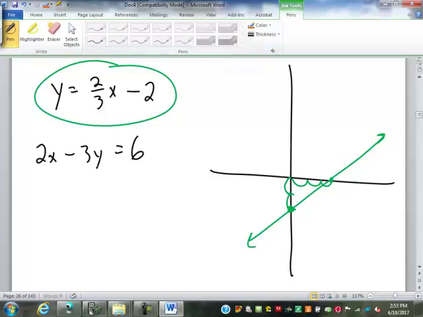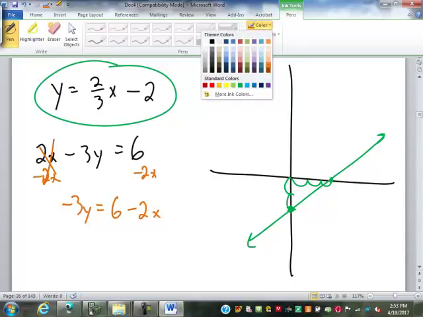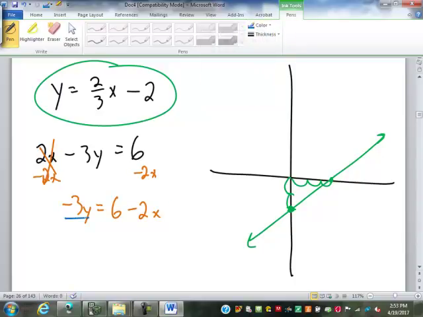Now, our second equation here, what do we have to do to make that graphable? Subtract 2x. We subtract the 2x, very good. So we've got -3y equals 6 minus 2x. Then what? Divide by -3. We divide by -3, good. So we've got y there.